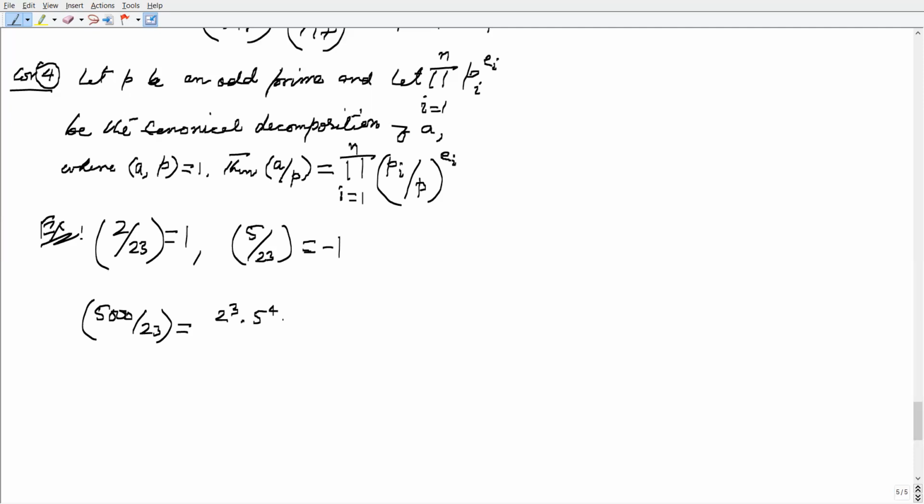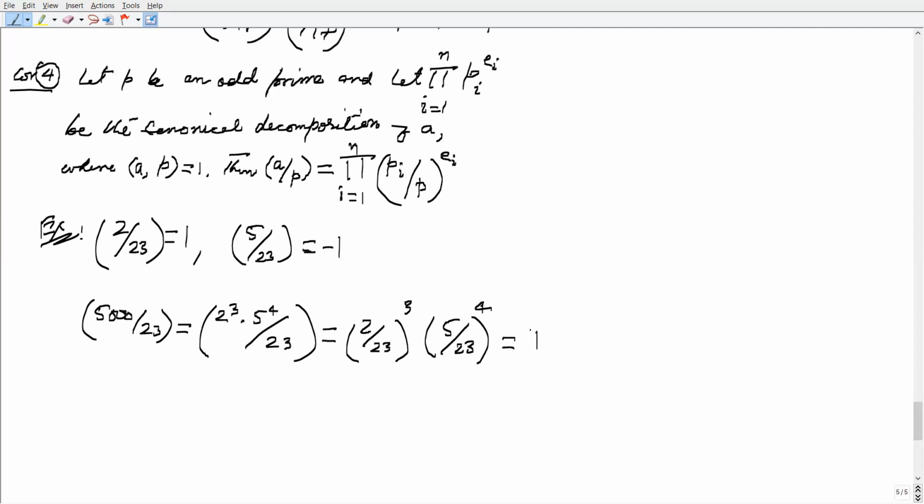Now we can use this result: the Legendre symbol of 2/23 to the power 3 times the Legendre symbol of 5/23 to the power 4.